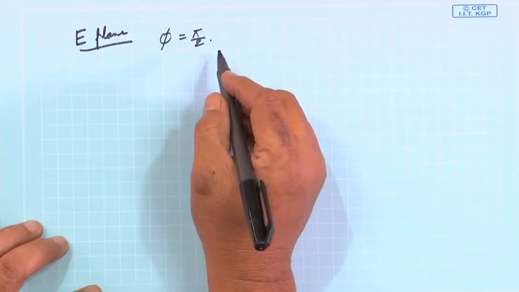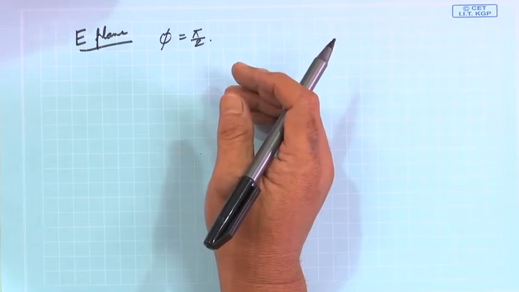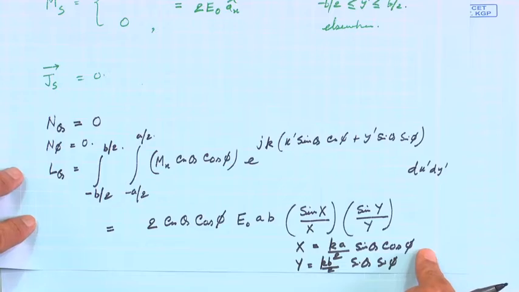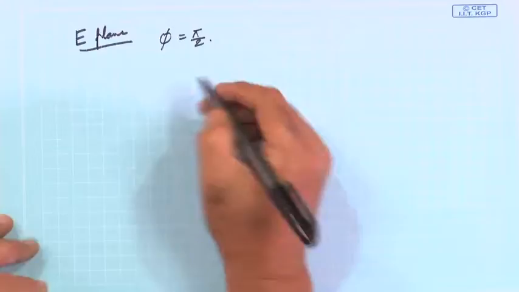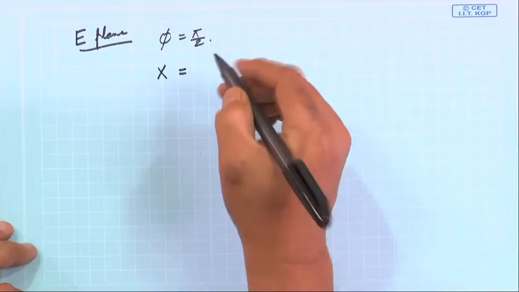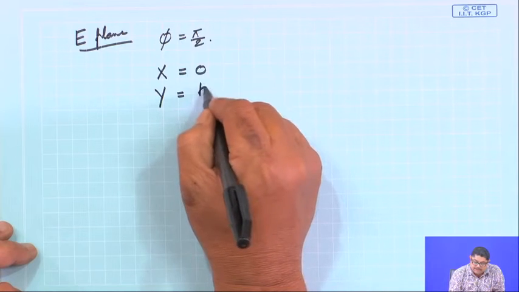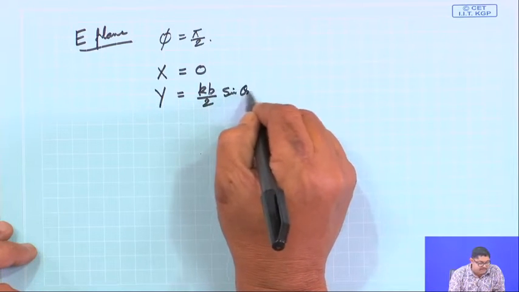That is nothing but phi equal to pi by 2. If we put phi equal to pi by 2, let us look at the x and y definitions. Immediately X becomes 0 and Y is non-zero, k b by 2 sin theta.